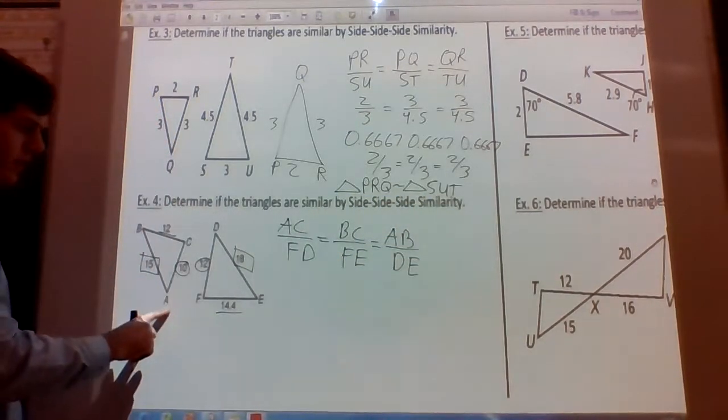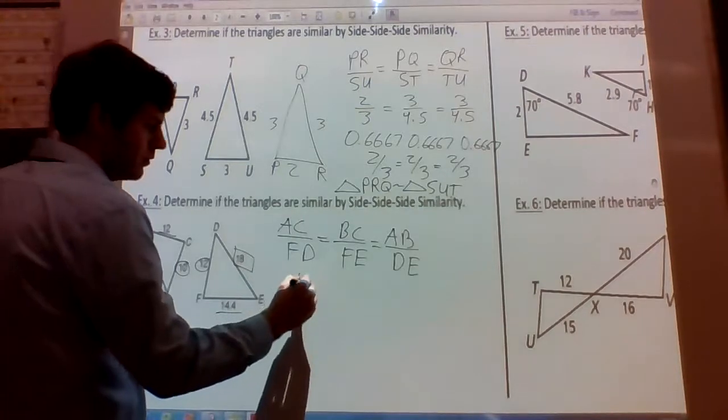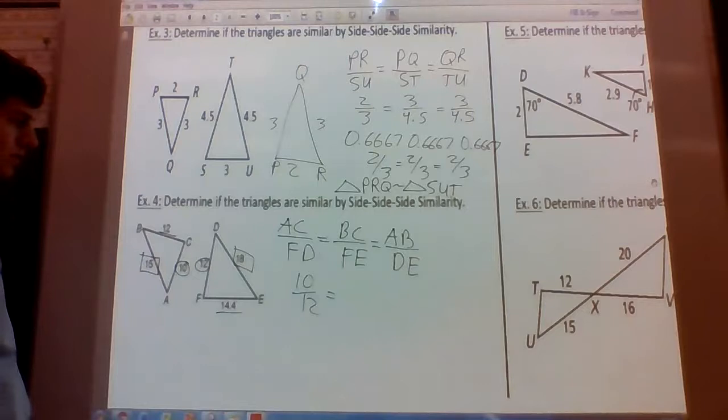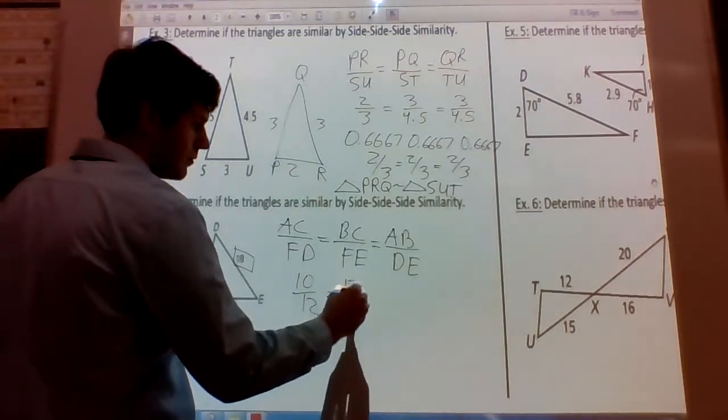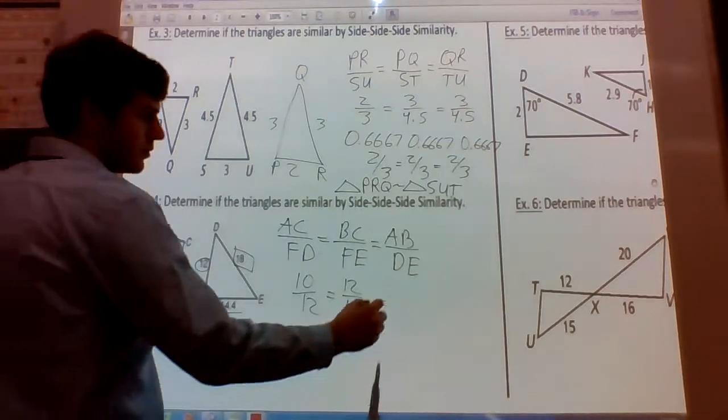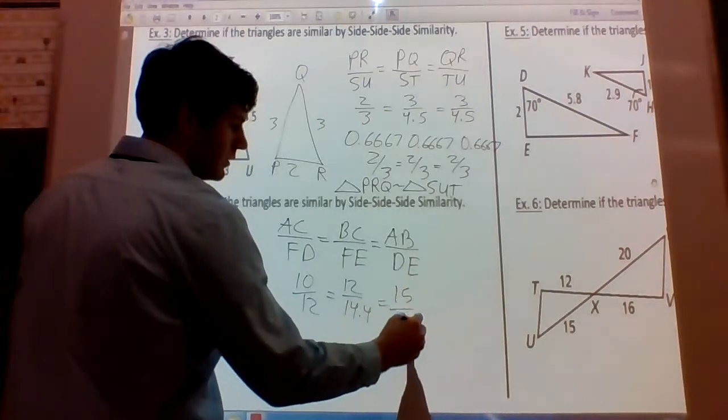So AC over FD is going to be 10 over 12. BC over FE is going to be 12 over 14.4. And then we're going to have 15 over 18.